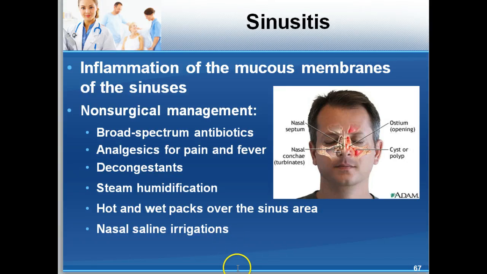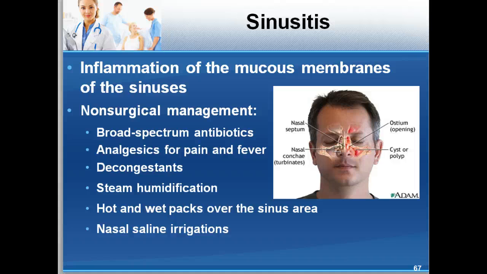The next type of infectious respiratory problem would be sinusitis.